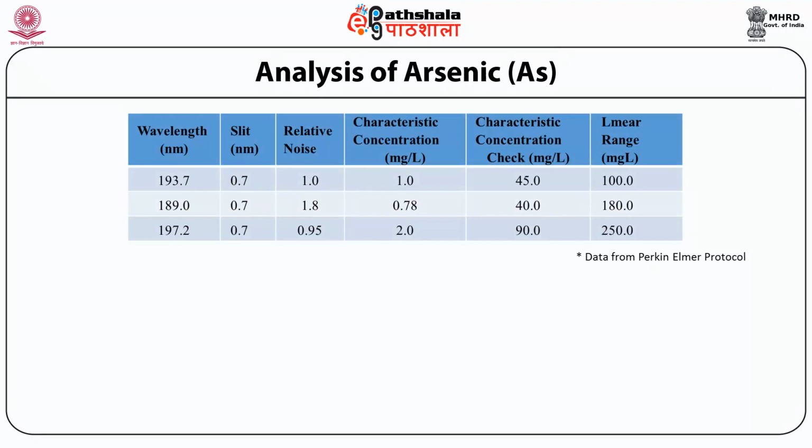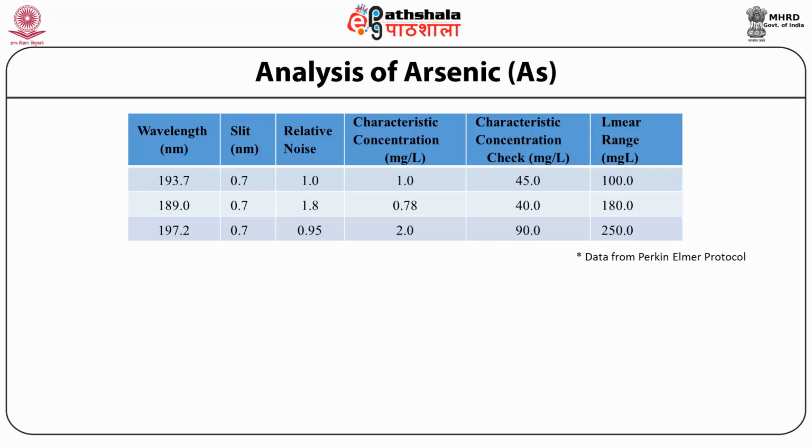Analysis of arsenic. The analysis of arsenic in environment is a very important aspect since arsenic is very toxic in nature. This slide shows you the standard atomic absorption conditions for arsenic. It can be determined at 3 wavelengths, 193.7, 189.0, 197.2 nanometers with a slit of 0.7 nanometers and relative noise of 0.95 to 1.8.